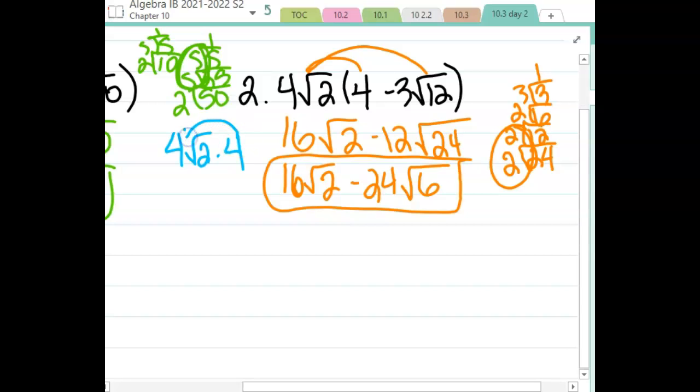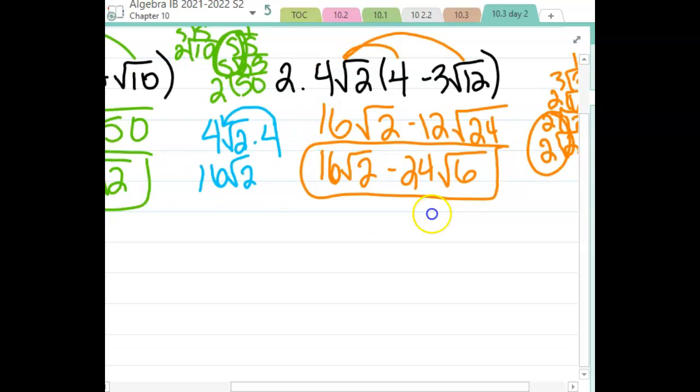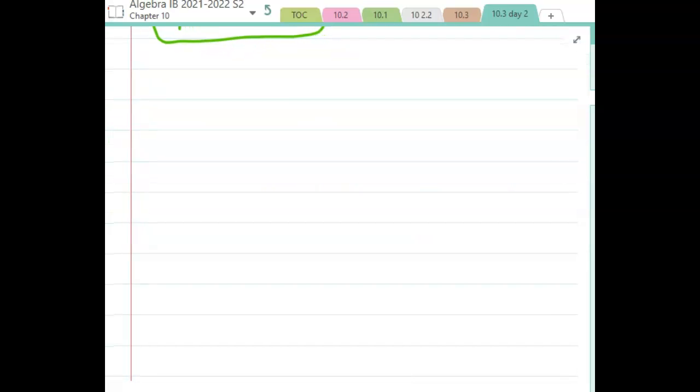You can move the 4 in there and take 4 times 4 and just move the square root of 2 to the end. So the square root of 2 doesn't go away. There's just nothing else I can multiply it with. Does that help? Okay. All right, now let's move to some where we're going to do the box method.